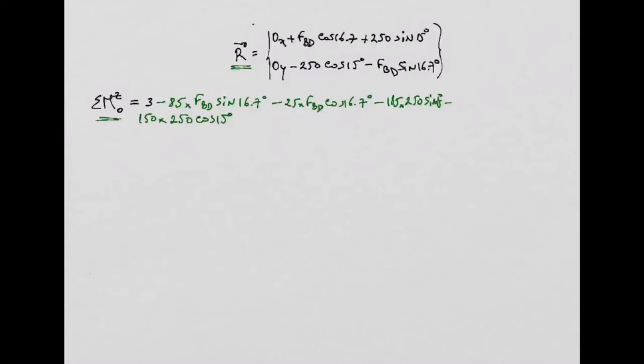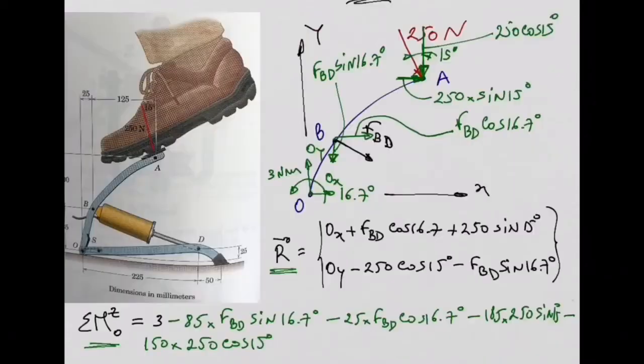Yes? Why is it 85 sine? 85, this one here? Why is it 25? So let me see if you are talking about this one. Yes. All right, so let's check this again. This is FBD sine 16.7, so is this component here, right?